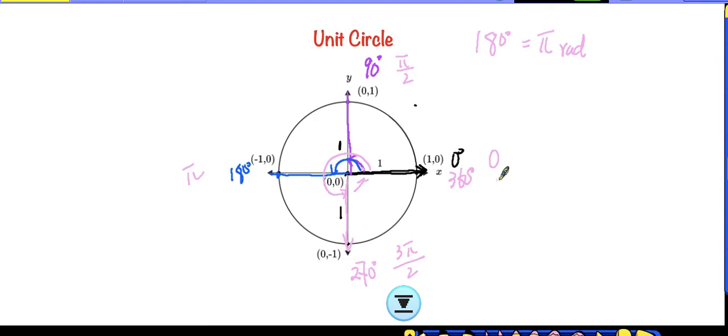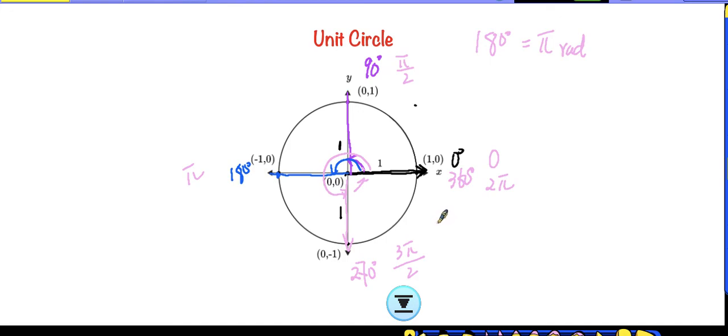We come back here again, this is 2 pi radians. I just want to write the radian angles to remind you, because in this unit we are going to start using radian angles a lot. Okay, so that's all the things I want to introduce today.